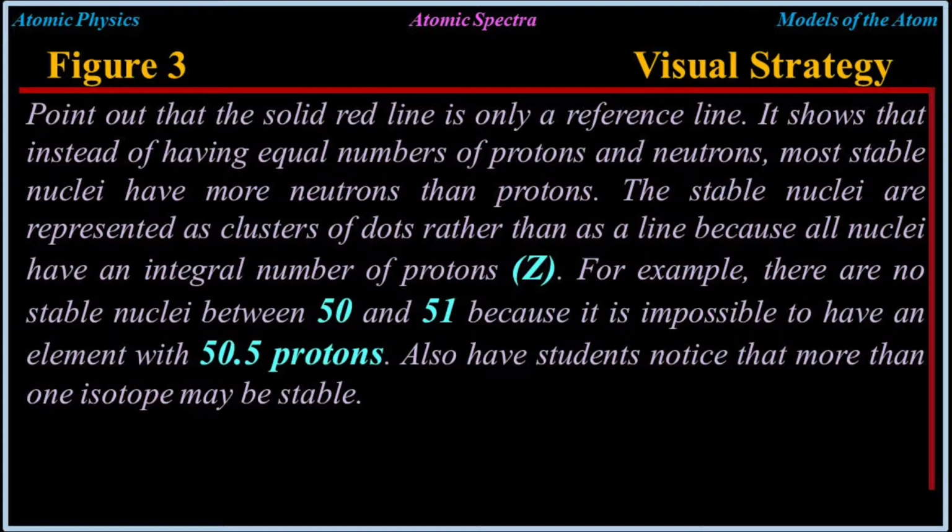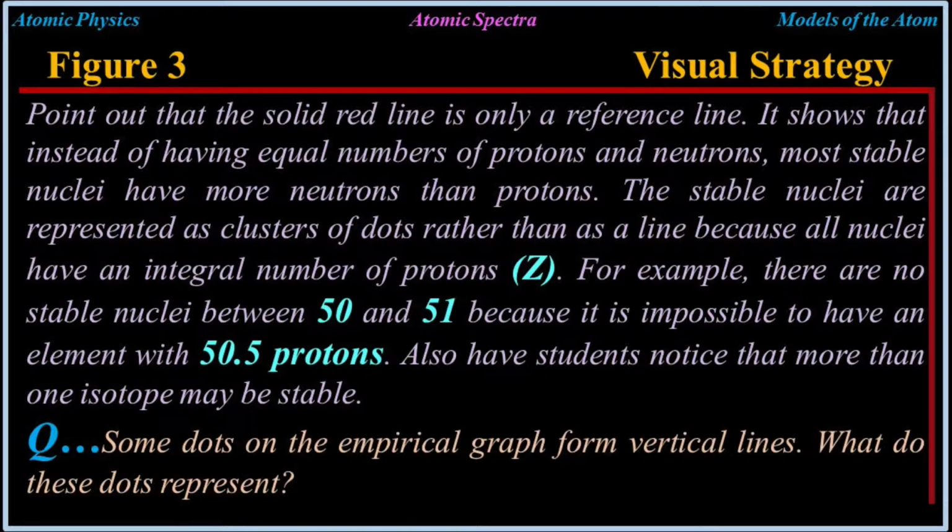For example, there are no stable nuclei between 50 and 51 because it is impossible to have an element with 50.5 protons. Also, have students notice that more than one isotope may be stable.